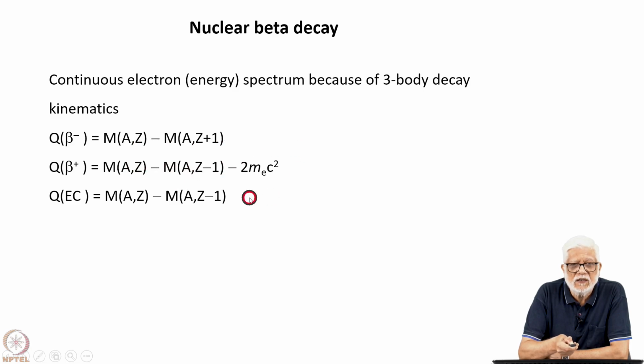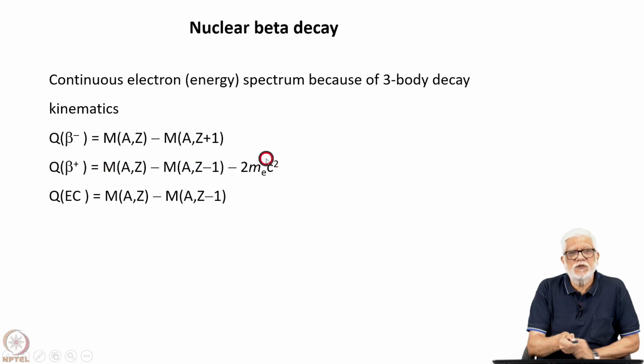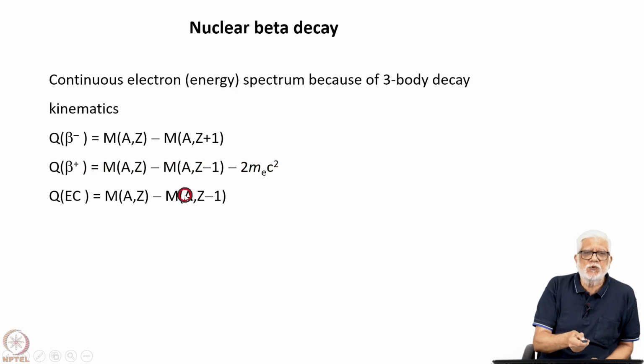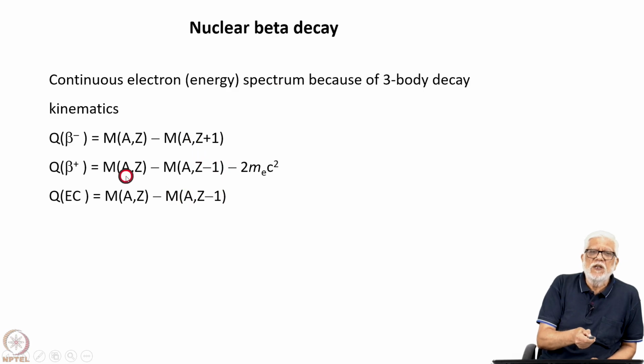To account for that, there's a 2mc squared that comes in. If this Q beta plus is positive, then this decay can in principle go through from the energetics point of view. This is the condition that M(A,Z) minus M(A,Z-1) minus 2mc squared has to be positive. Similarly, in the case of electron capture decay, M(A,Z) has to be greater than M(A,Z-1).